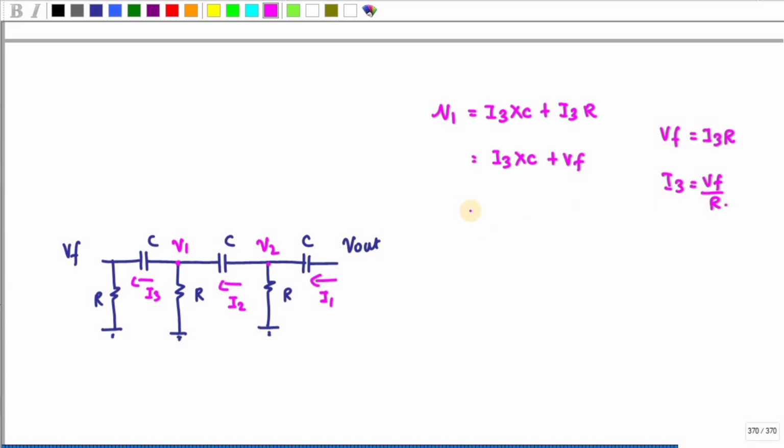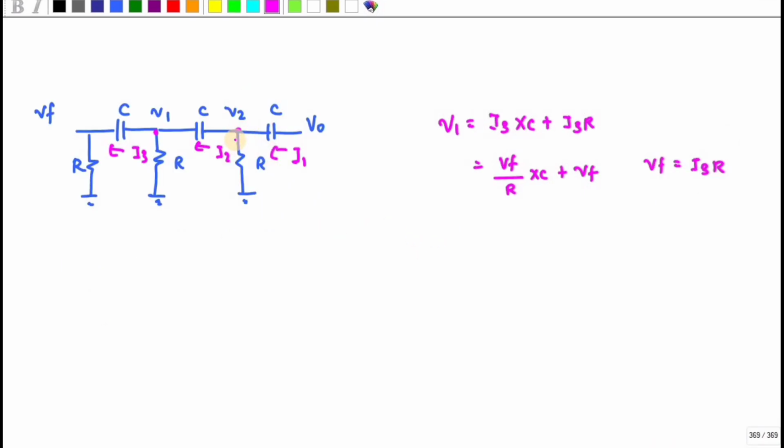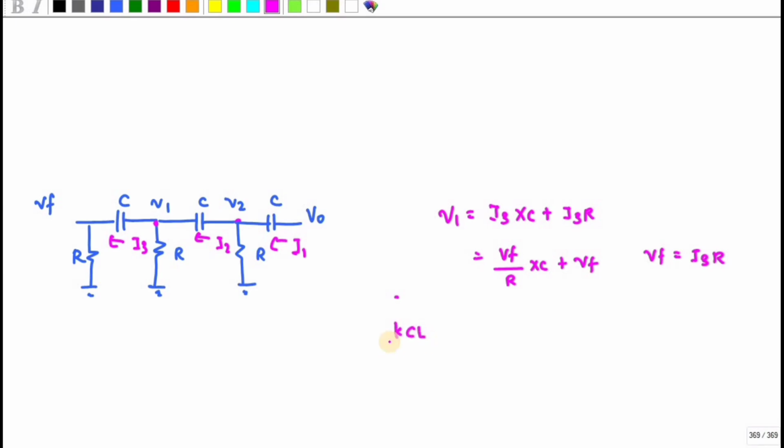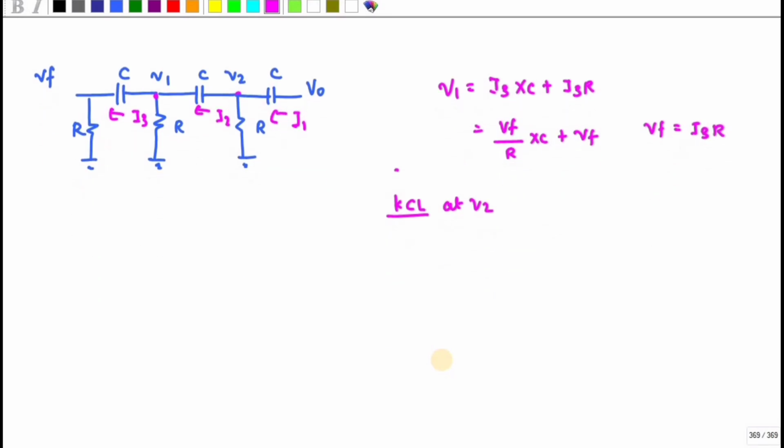According to Kirchhoff's current law, at this node V2, I can write the incoming current I1 is equal to the outgoing current I1 minus I2 plus I2, right?